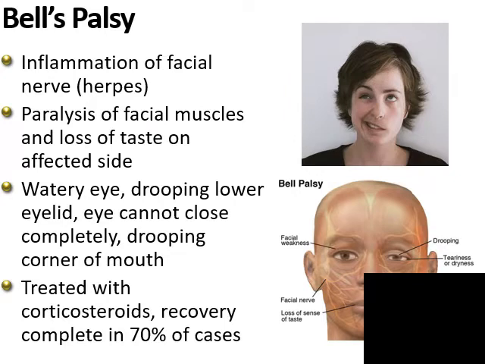Also, it's commonly noted that the eyes may be watering, drooping, the eyelids can't close completely, corners of the mouth may droop, and is most commonly treated with corticosteroids. Most people who get Bell's palsy experience a complete recovery, at least in about 70% of the cases. Some people who have Bell's palsy may have residual effects that are not as severe as they were when it initially occurred.